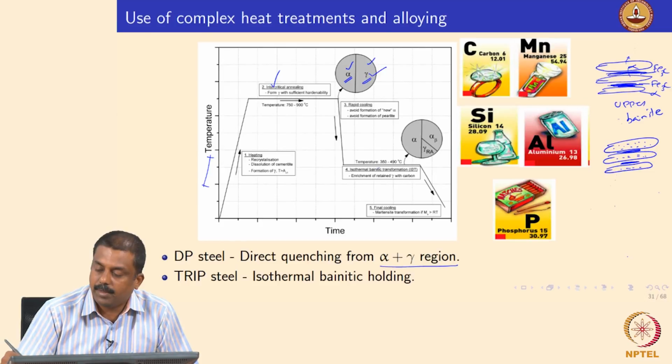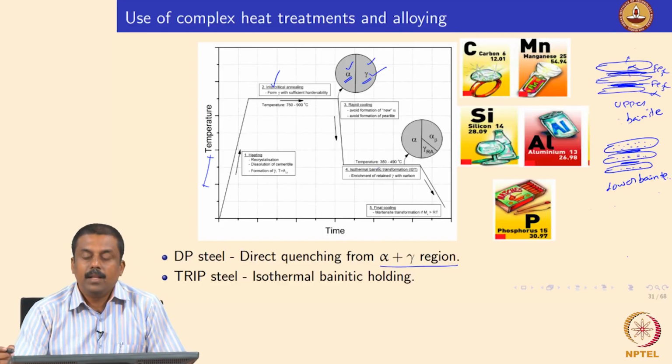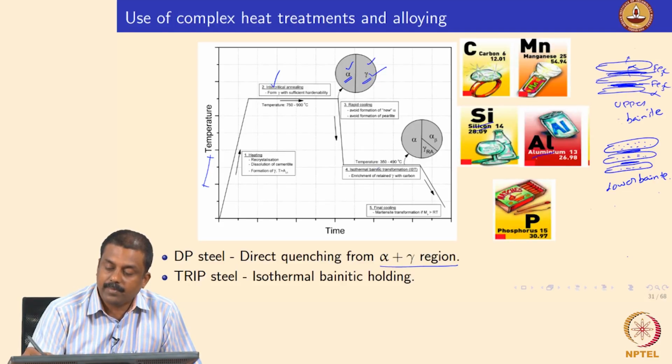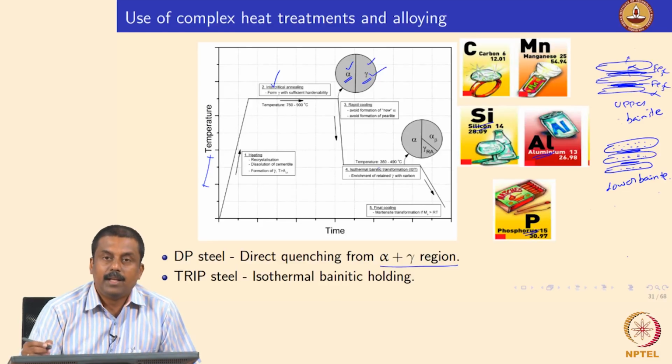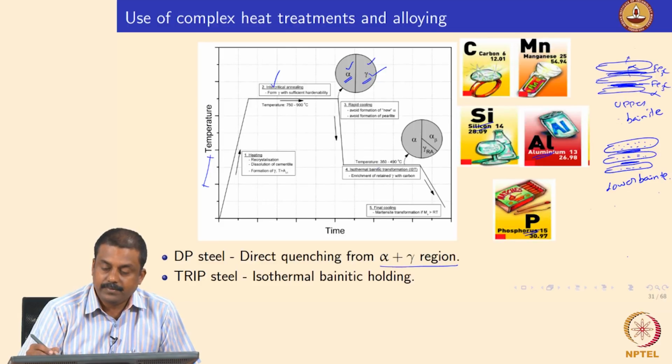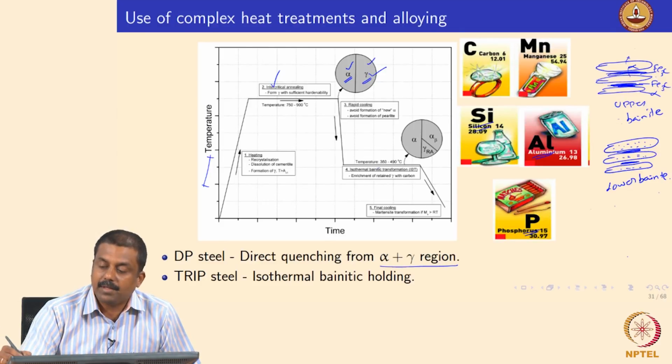So, this is, for example, lower bainite. Now if you look at these diagrams, I have two special alloying elements, mainly silicon and aluminum, and to some extent phosphorus as well. This silicon and aluminum is added in TRIP steel for a very specific reason: to suppress the formation of cementite.